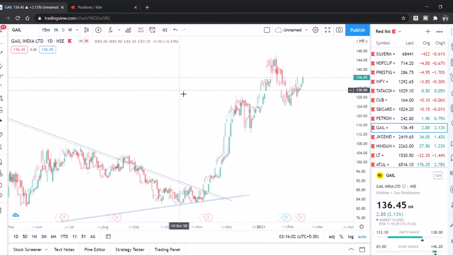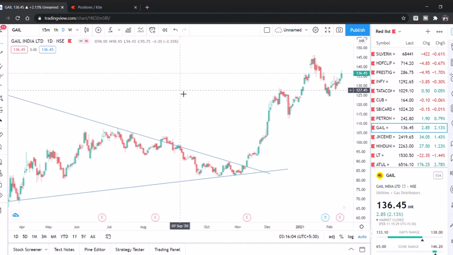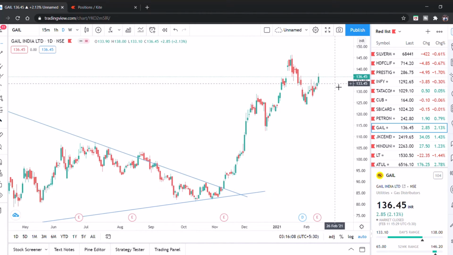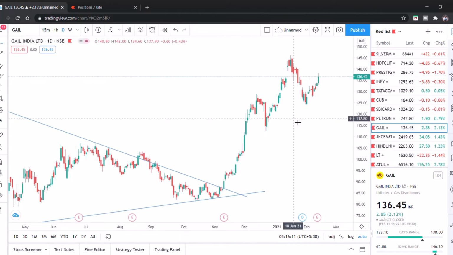Maybe it has a little more room to go up, but it's always better to keep your target a little less than the expected length. As many are aware, people will exit a trade rapidly when it comes close to 90%. So to avoid the downfall, it's best to exit a bit earlier as compared to the length of the triangle.